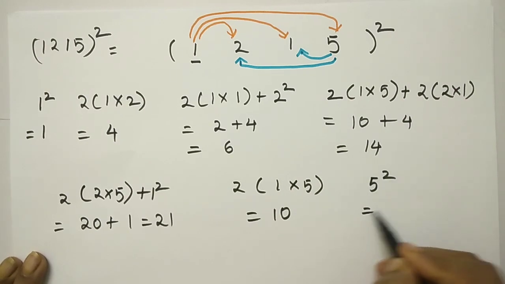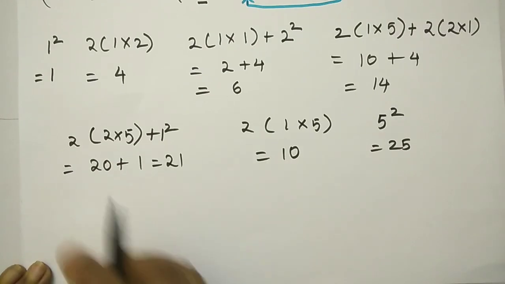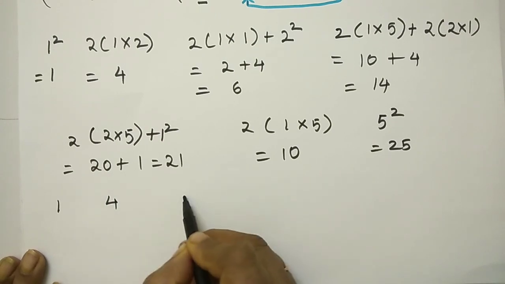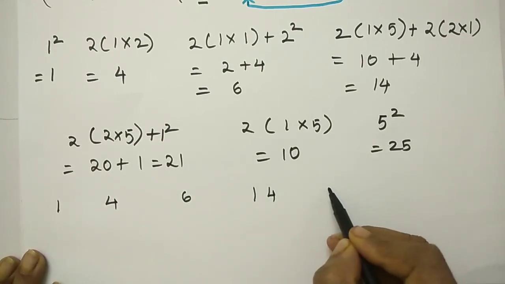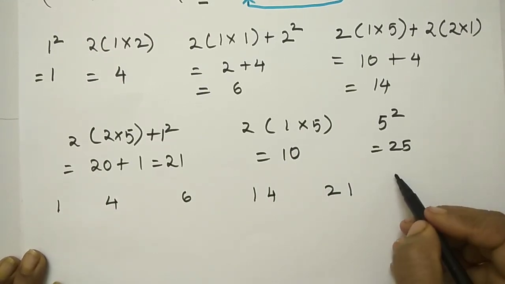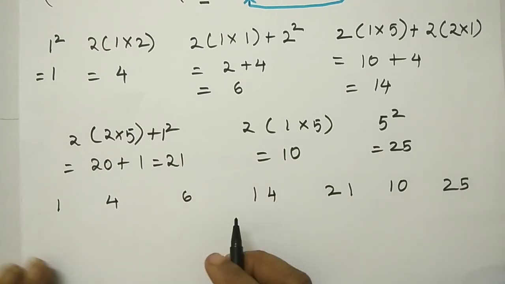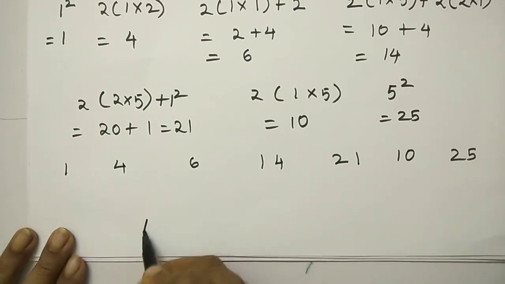It is 25. So you got 1, 4, 6, 14, 21, 10, 25. Now see carefully how I am writing the answer.